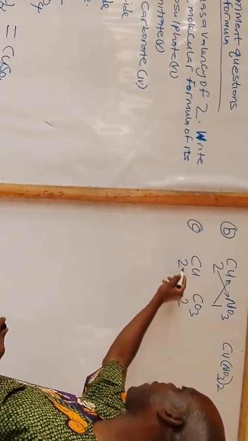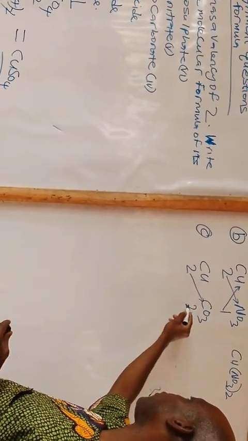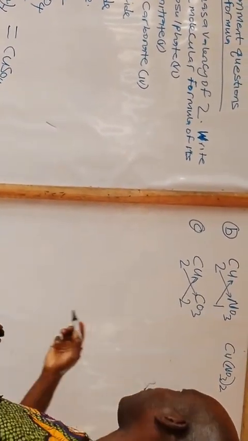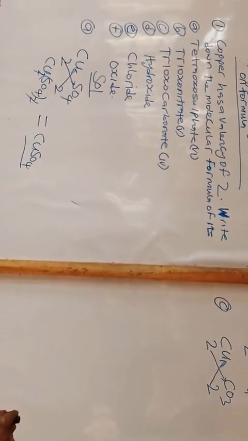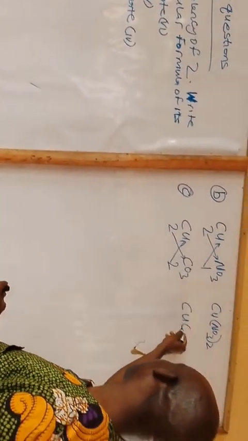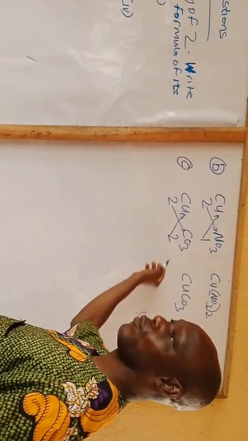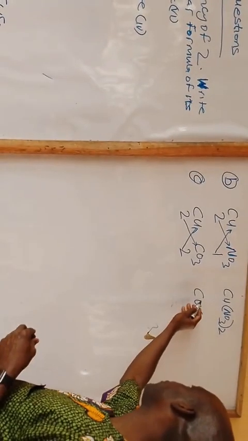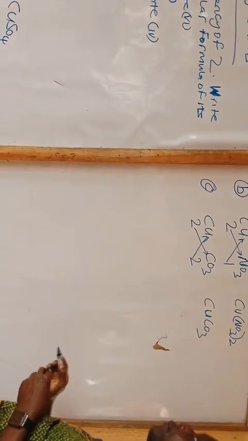So the 2 for copper goes to CO3, the 2 for CO3 goes to copper. Just as we have in CuSO4, copper 2 trioxocarbonate 4 becomes CuCO3, because the 2 will cancel out. The 2 belonging to copper and CO3 will cancel out. CuCO3, copper 2 trioxocarbonate 4.